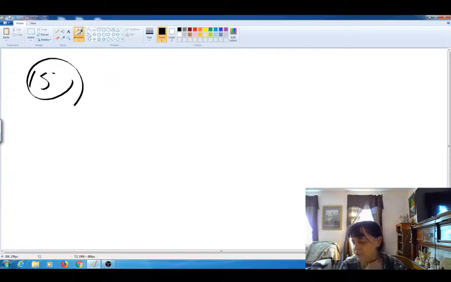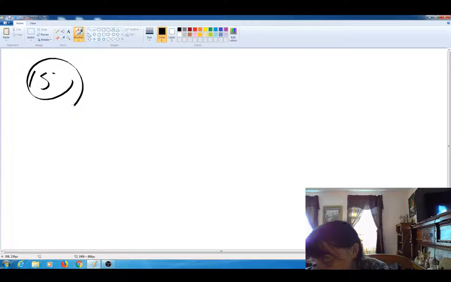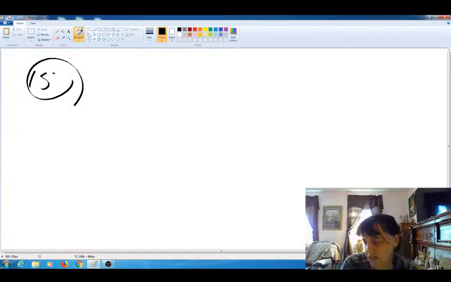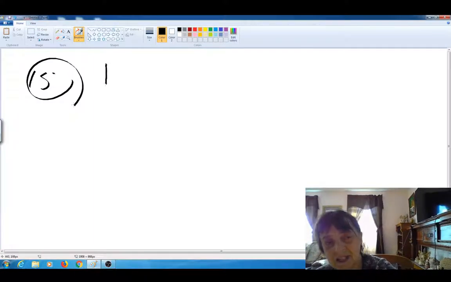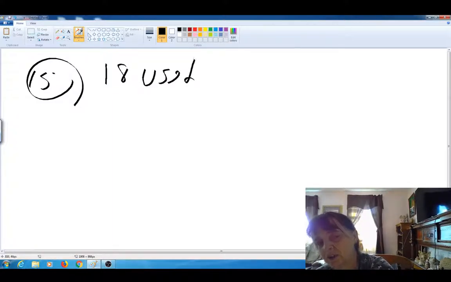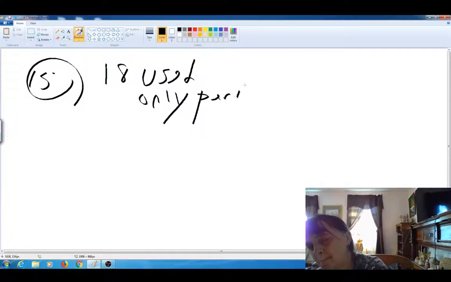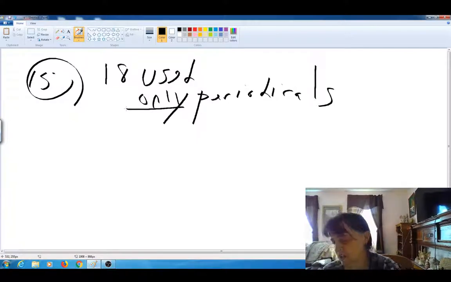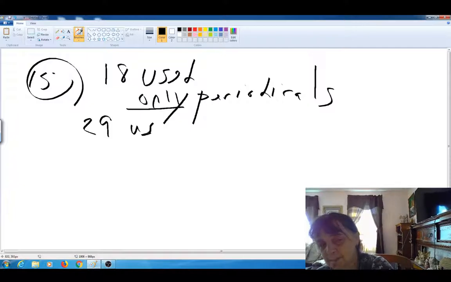Okay, there are 100 students in the library who responded to how they completed the research paper. Now on some of these they use the word only. It says 18 used only periodicals. That word only is very important. 29 used web and books.